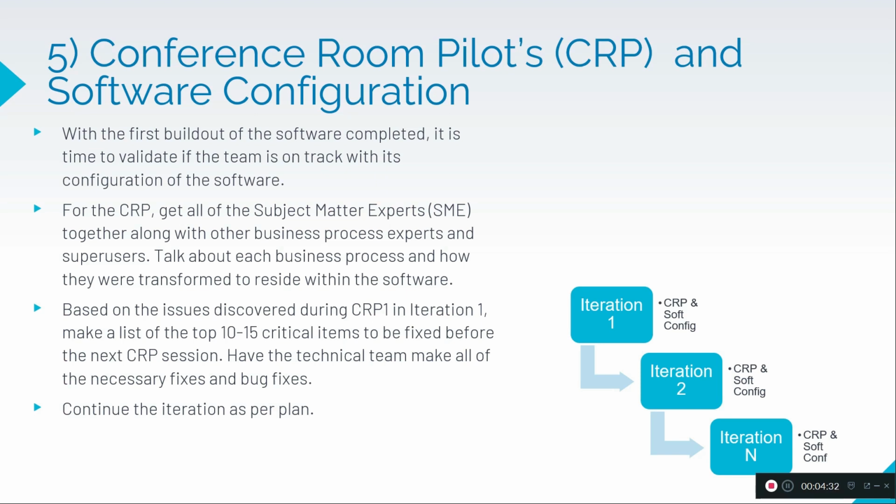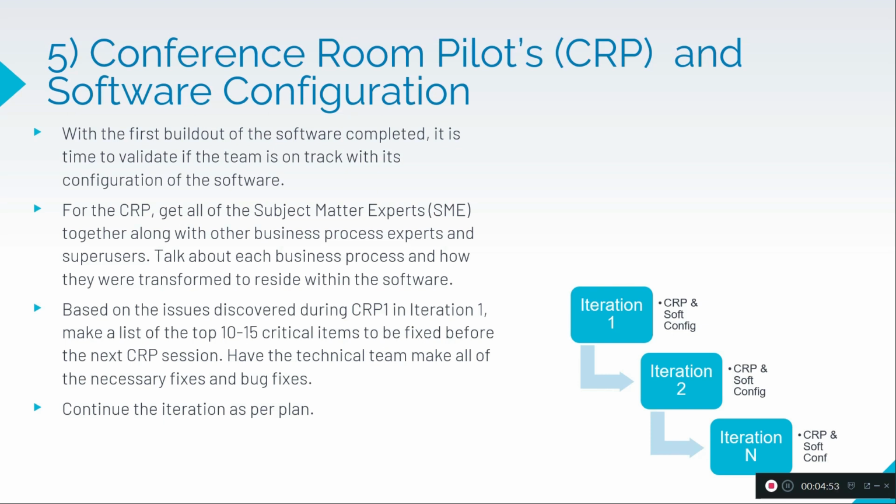So how we can adapt the business requirement in the existing software, based on the issues discovered during the CRP1, that is iteration 1. Make a list of the top 10 to 15 critical items to be fixed before the next CRP session.